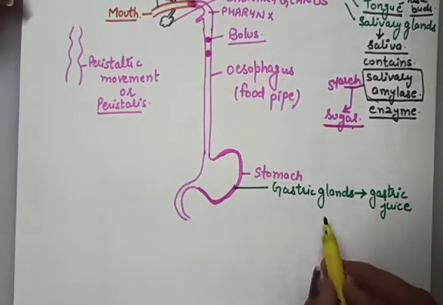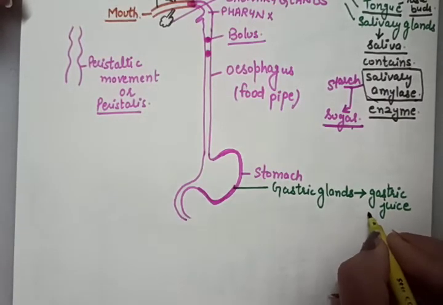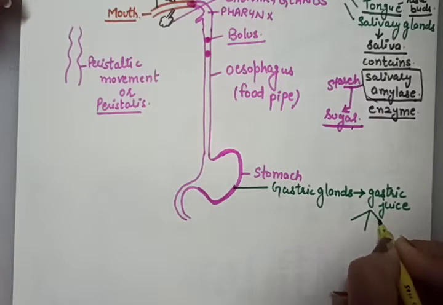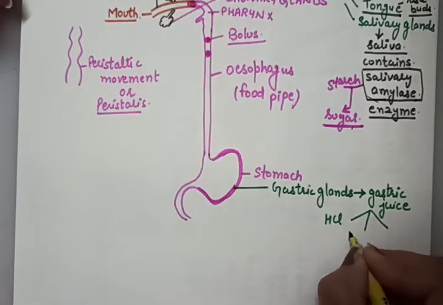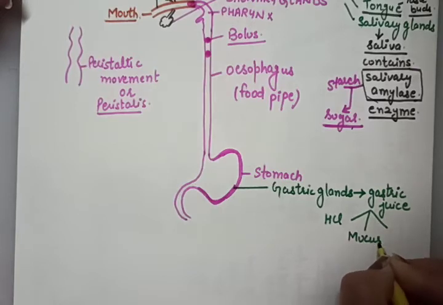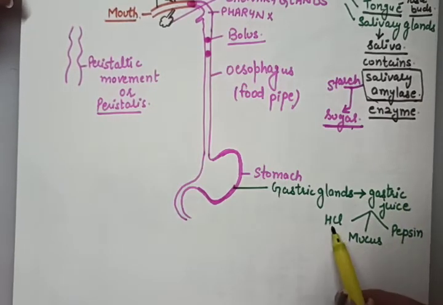This gastric gland secretes gastric juice, and this gastric juice has HCl, mucus, pepsin. What is there in the gastric juice? HCl, mucus, pepsin.